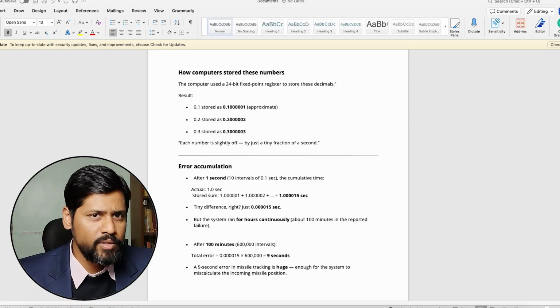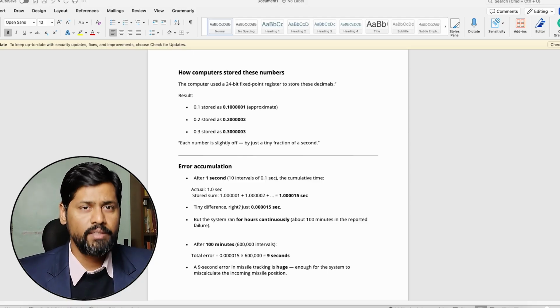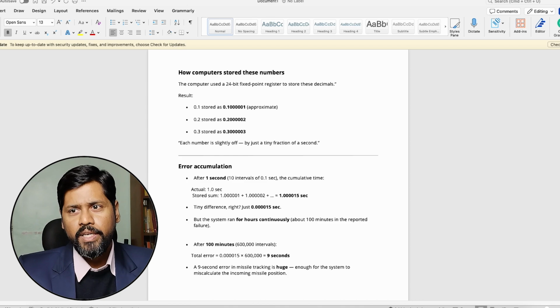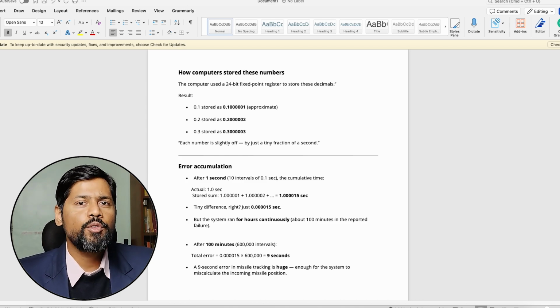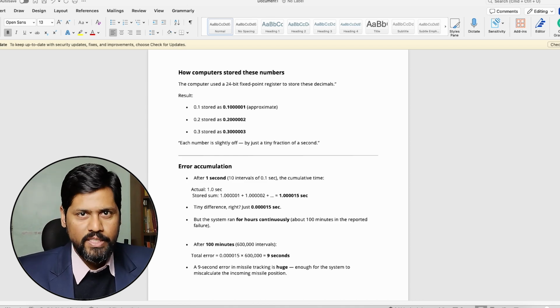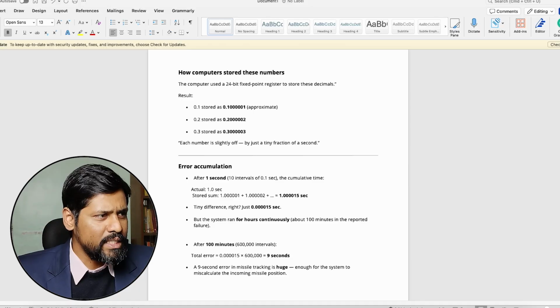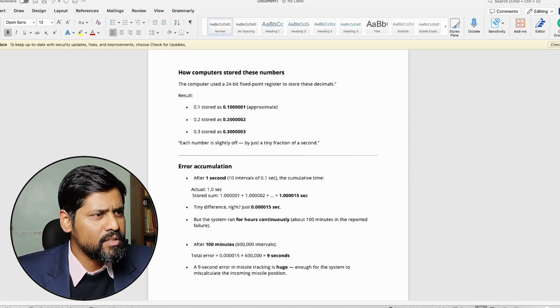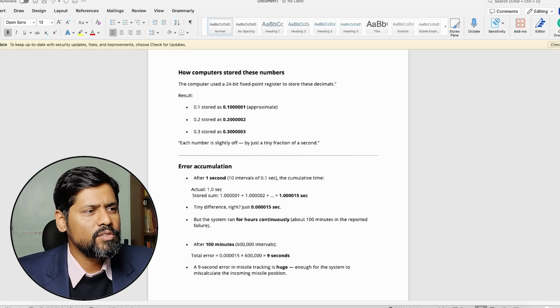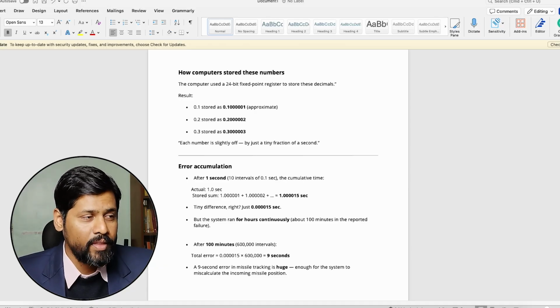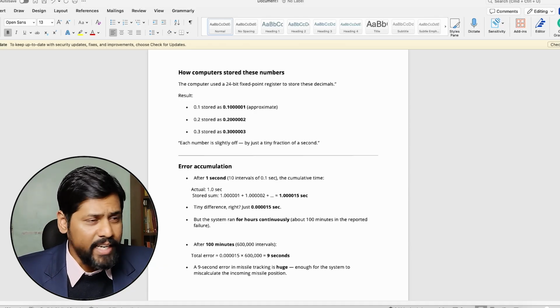Similarly, 0.3. Now what happened after 1 second? This calculation was happening every 0.1 second, a 10th part of a second. So after one actual second, this stored sum became 1.000015 seconds.